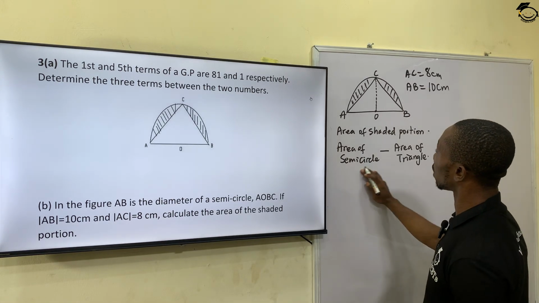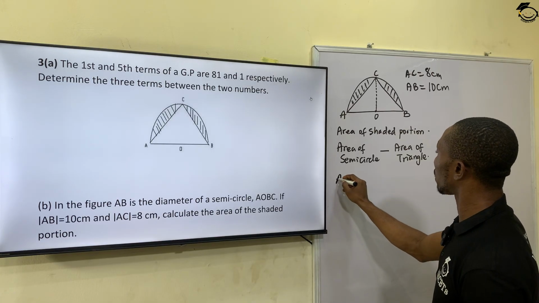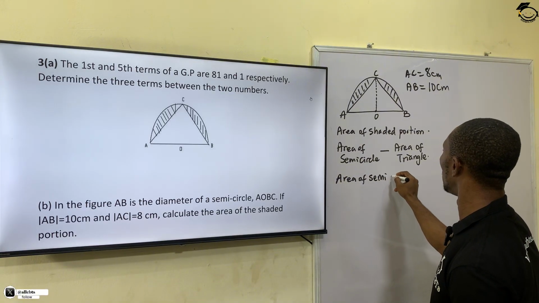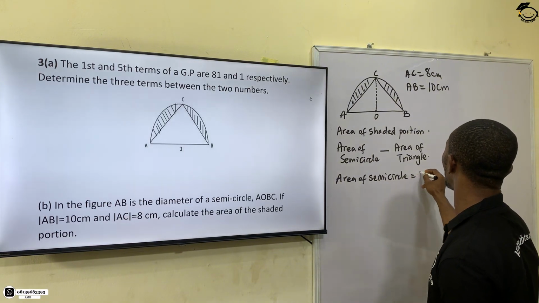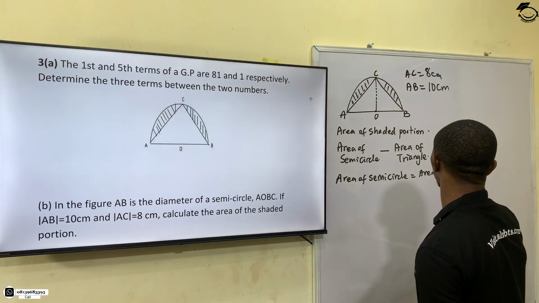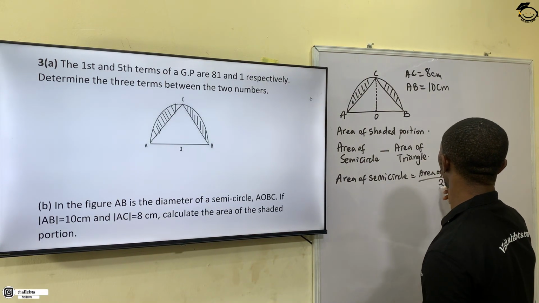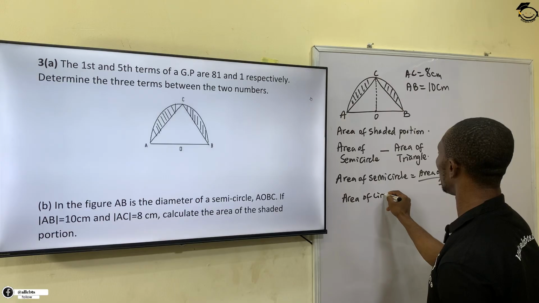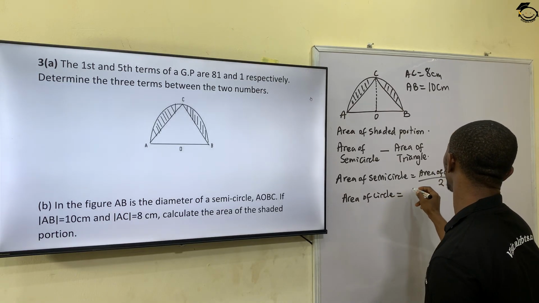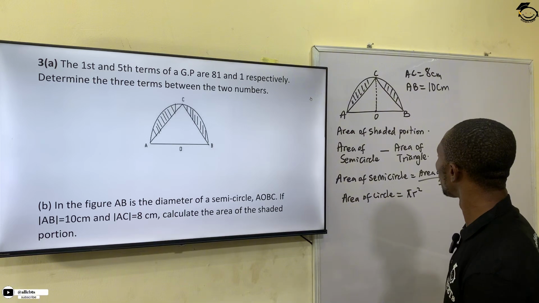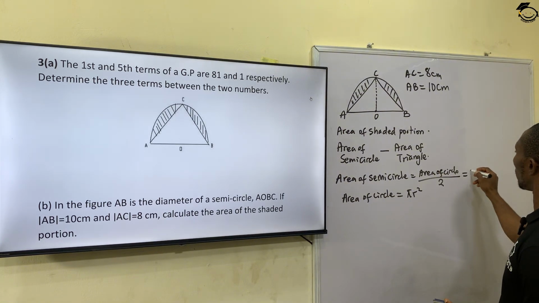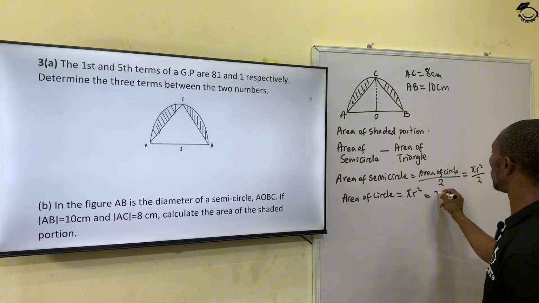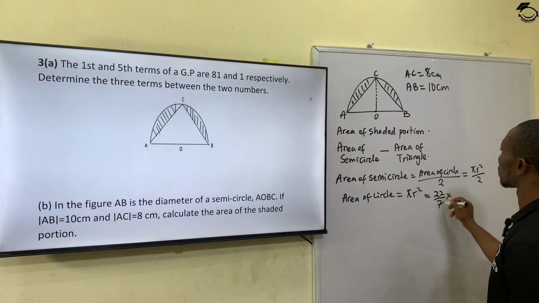But first let's calculate our area of semicircle. We know that area of semicircle will be calculated from area of circle divided by 2. So area of circle equals pi r squared. Now, our pi is 22 over 7 times our radius.